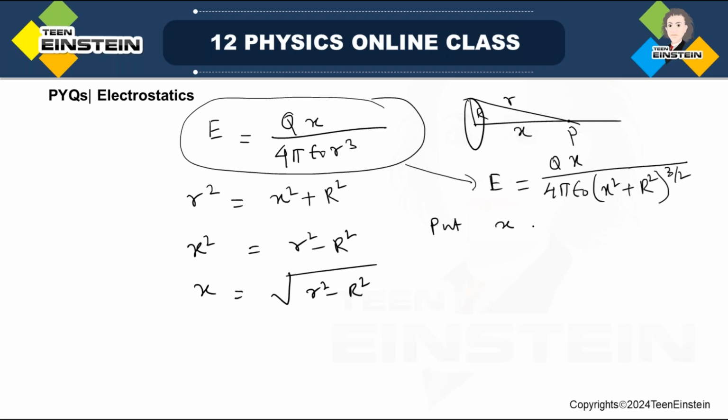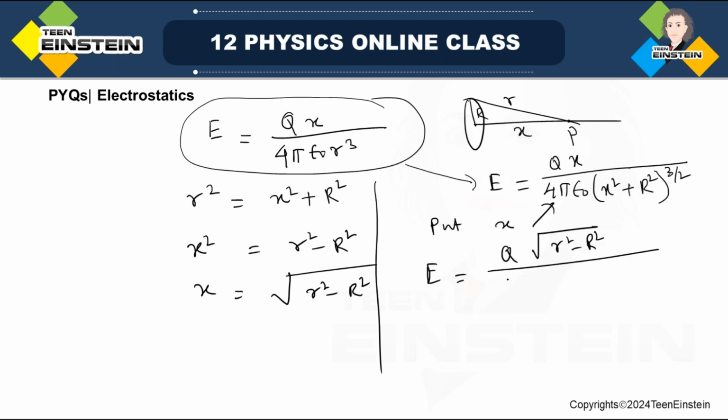Put x into this. Okay, let me put that, and then what I get, E is equal to q times square root of r square minus capital R square divided by 4 pi epsilon naught, and x square is this one. So this is r square minus R square, this is plus R square, and whole to the power 3 by 2.